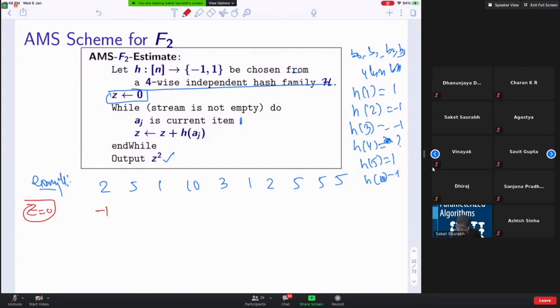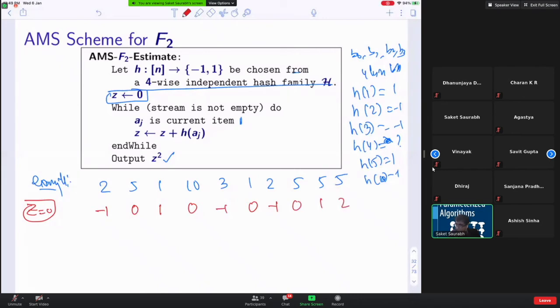After 1, 1. After 10, 0. After 3, -1. After 1, 0. After 2, -1. After 5, 0. Again 5, 1.